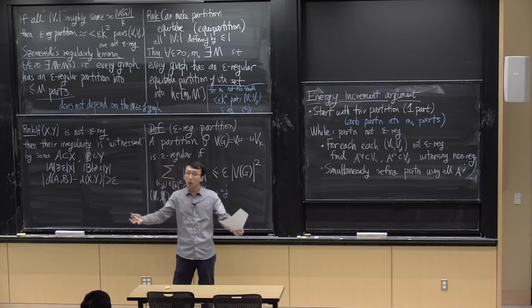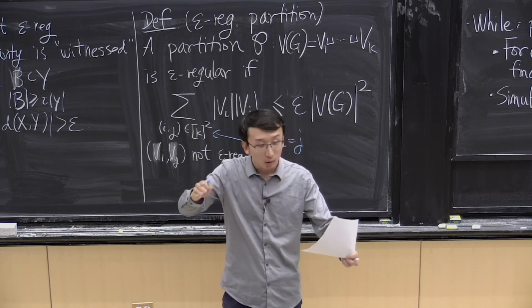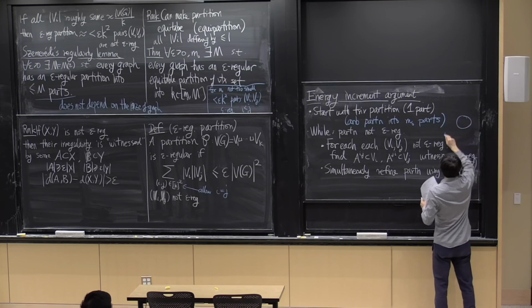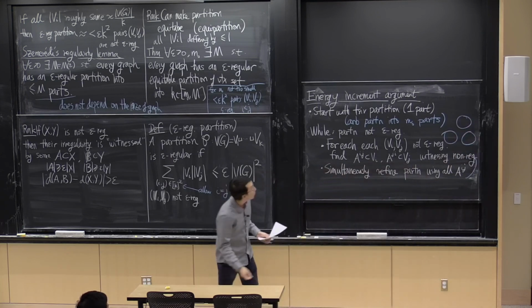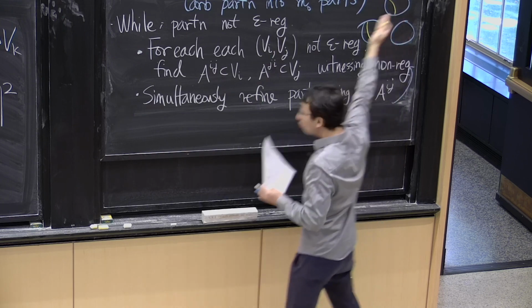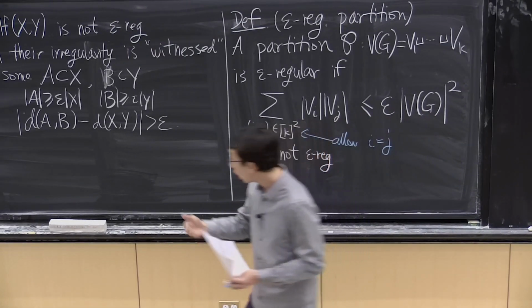Right, so you start with some partition. If it is not regular, I can chop up the various parts in some way. So I start with some partition over here. And what we're going to do is, let's say between these two, it's not epsilon regular, so I can find some pairs of vertex sets that exhibit the irregularity. I chop it up.